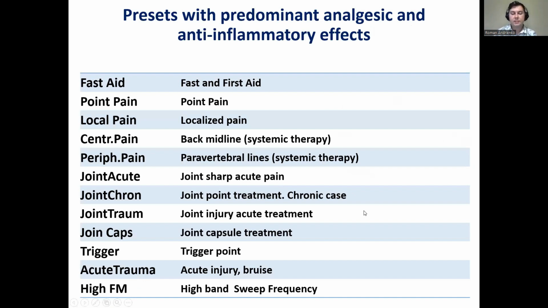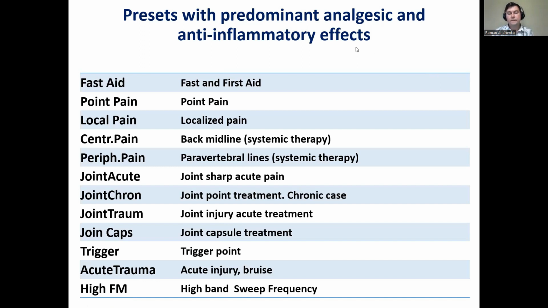Okay, so we lifted up the curtain a little bit, considering the universal presets. These are the presets with predominant analgesic or anti-inflammatory effects, starting from the most effective to the least effective in these particular terms.